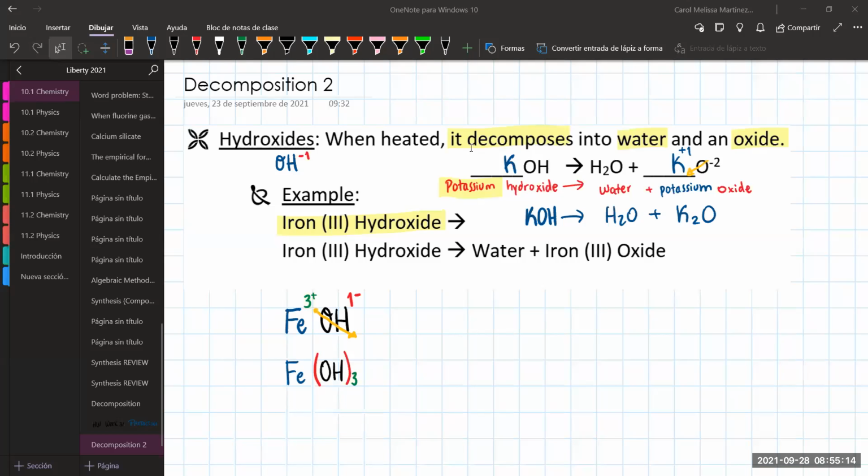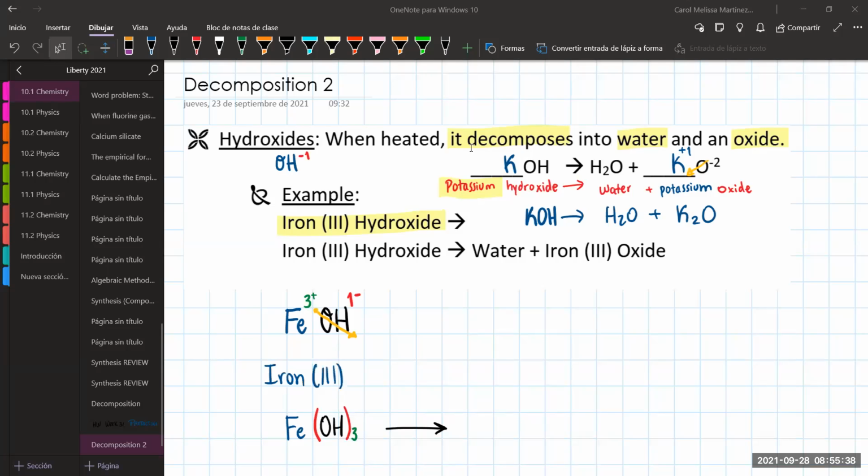Now, what is this going to produce? Because it is hydroxide, I know that it's going to produce water. I'm sorry, I'm going to write it in words first.